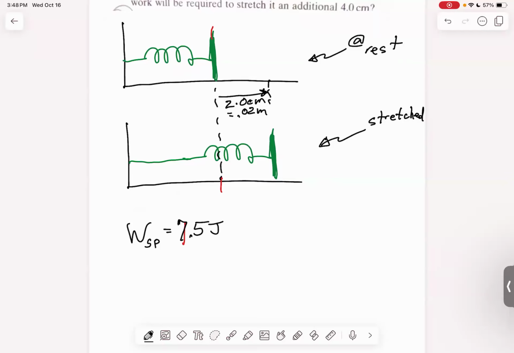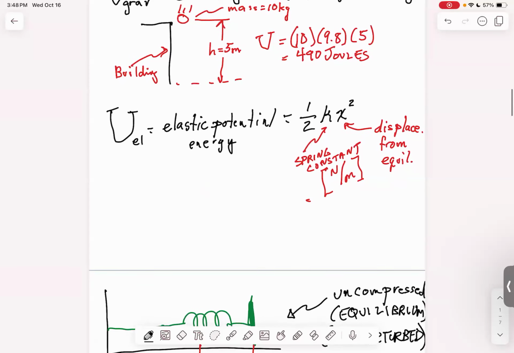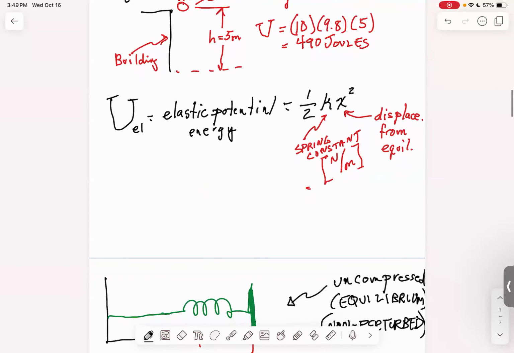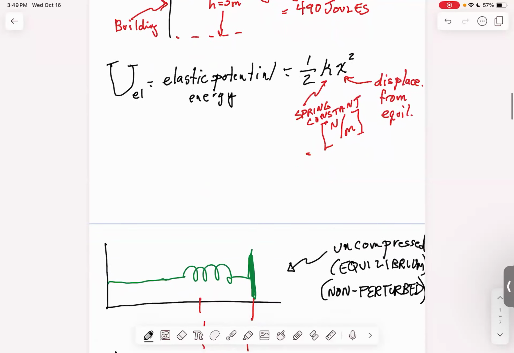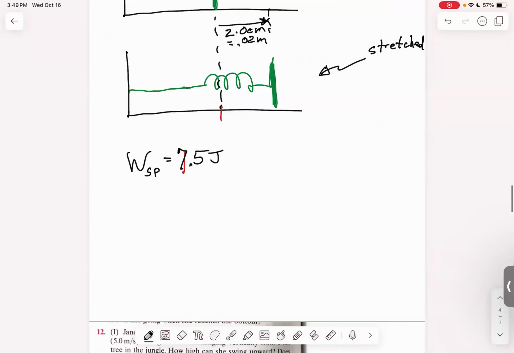So again, work is a measure of energy. Now, for this particular problem, remember the work that's being done on this spring, we introduced that back here, is going to be equal to the elastic potential energy. So it's going to be equal to the 1/2 kx squared. So work is, in this case, equal to the potential energy.